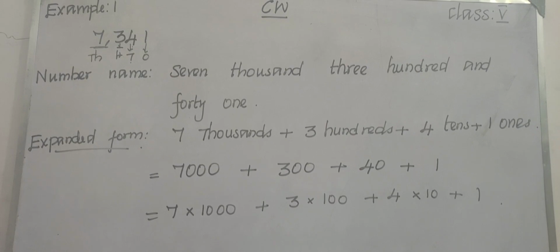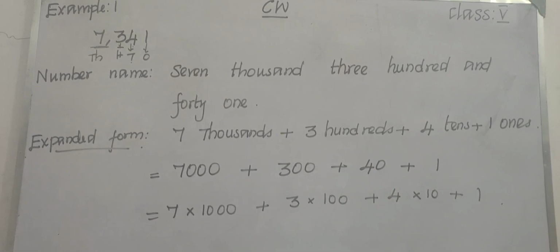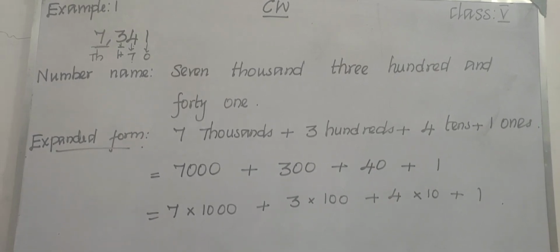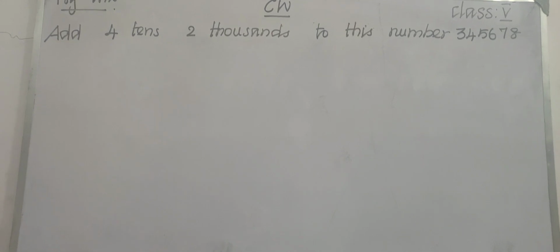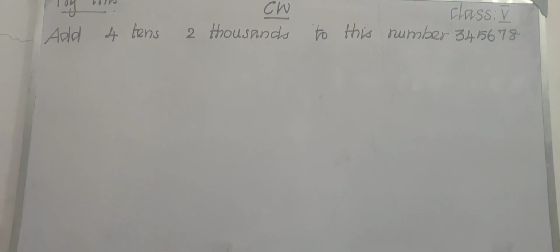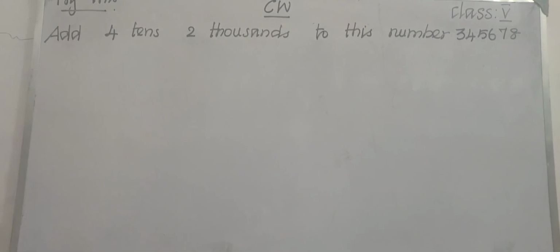So children, after completing this, let us try this in that example 1. Have you all copied this in your classwork notebook? So children, read the question. Add 4 tens, 2 thousands to this number. So the number is 3, 4, 5, 6, 7, 8.